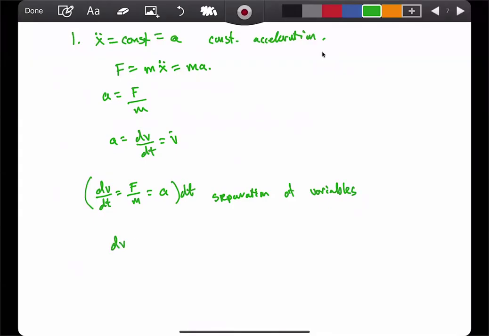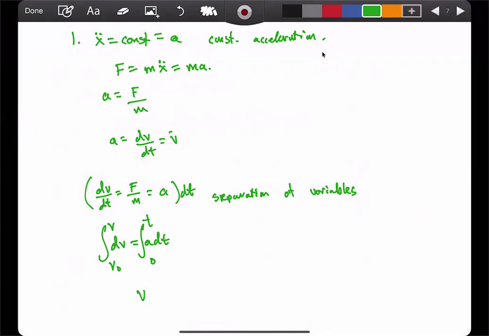So I'm going to get dv equal to a dt, and then we're going to integrate this side from my initial velocity to my final velocity, and integrate this side from my initial time, which I'm just going to call 0, to my final time of t. Now again, since the acceleration is constant, I'm going to pull it outside of the integral. So on the right-hand side I get a times the integral of dt, which of course is just t.